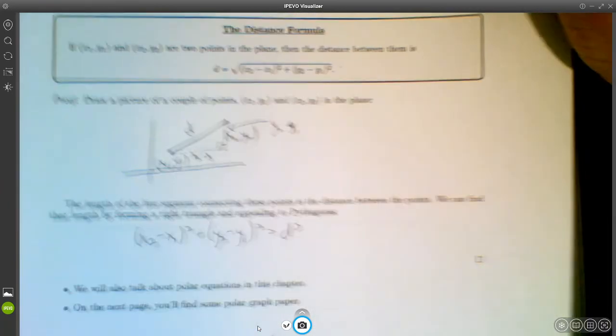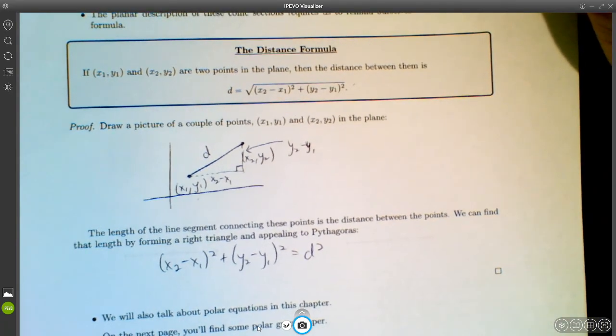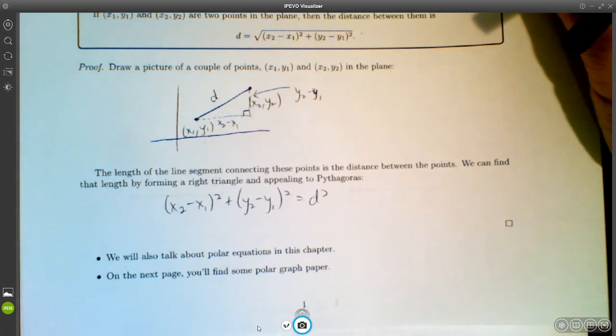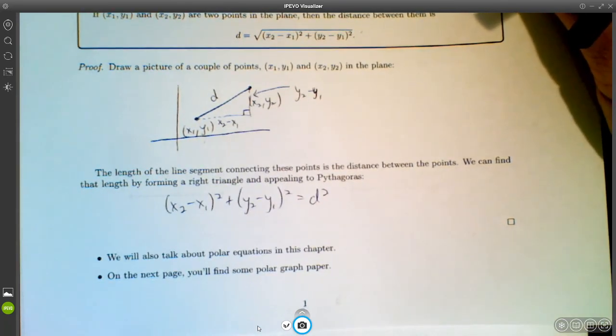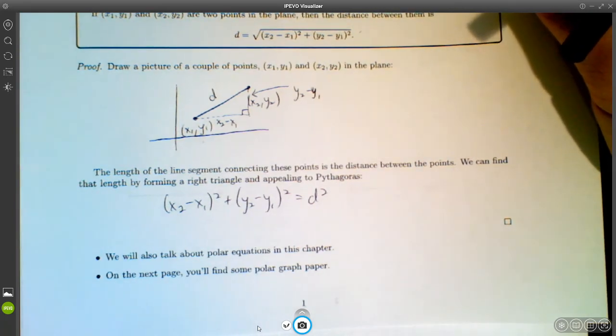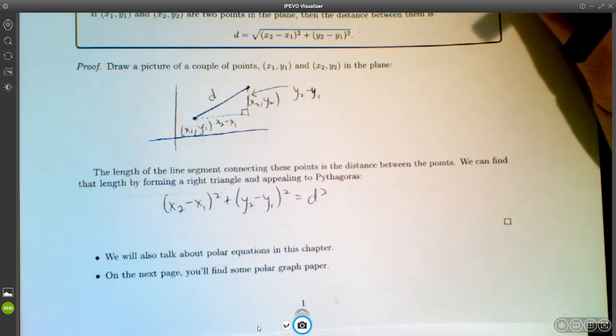Okay. So we're going to spend several sections talking about conic sections in this chapter, but we're also going to spend a few sections talking about polar equations. Polar equations are just another way to represent relations. Instead of describing them in terms of their vertical and horizontal distance from the origin, we can describe them as their distance from the origin and the angle that they make with the positive x-axis.